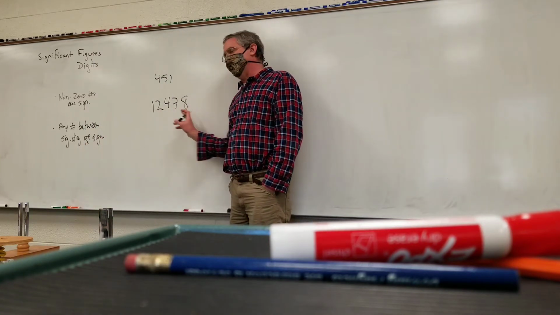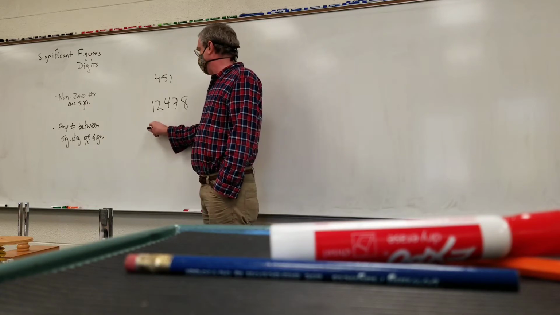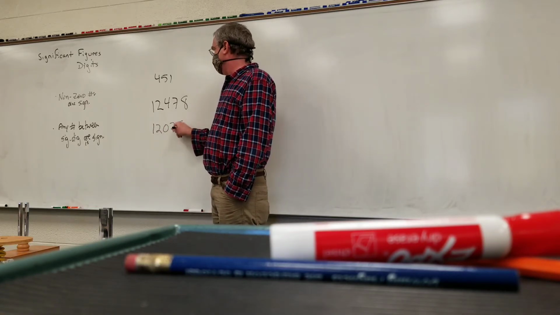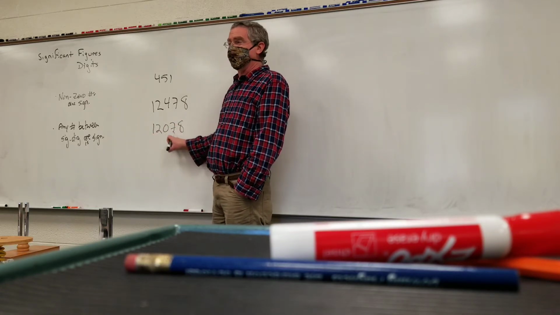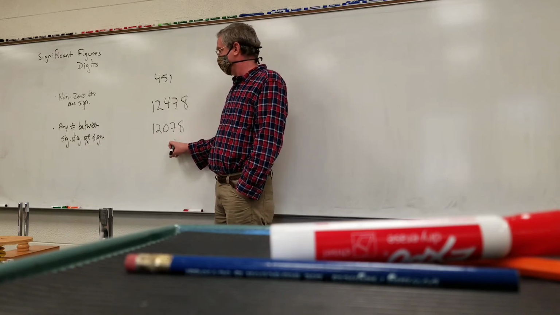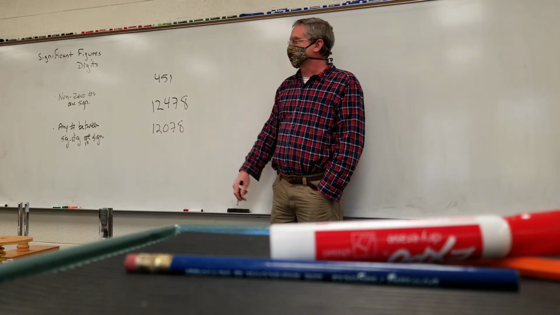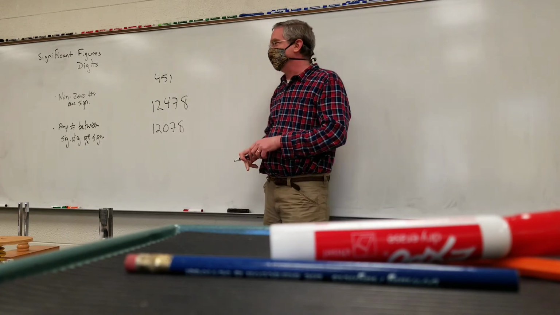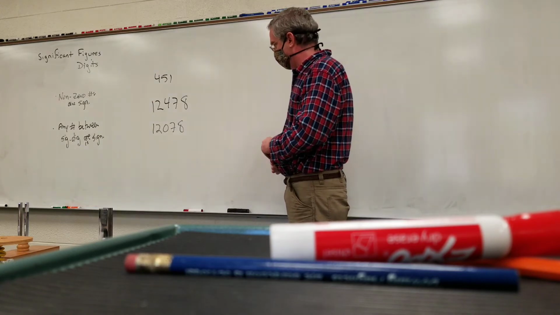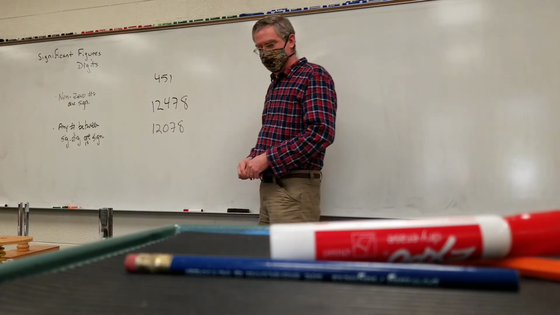Since the non-zero numbers are significant, if I have a 0 in between, that 0 is significant because it's between two other numbers that are significant. So, how many significant figures? 5. Do it in rounds. All right. It's the physics equivalent of row, row, row your boat.